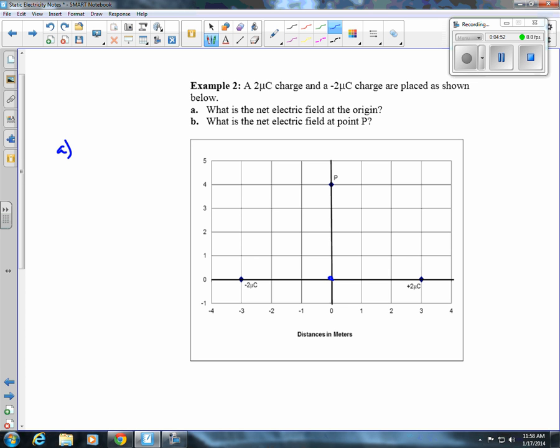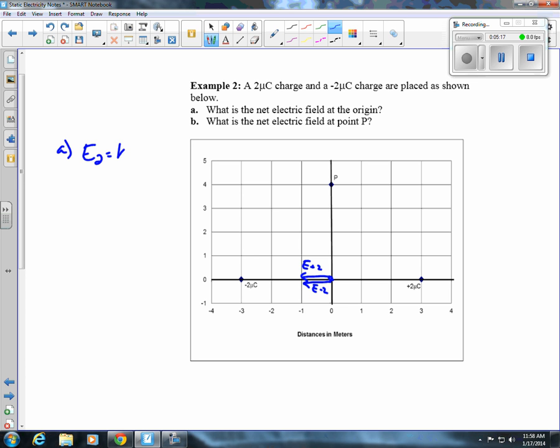I have a +2 over here. I imagine myself at the origin. Electric field's pointing which way for positives? Away from positives. So I'm going to write E with a plus 2 for that one. Now, for the negative 2, I imagine myself at the origin, electric fields point towards negative charges. So it's going to be this way. So this is going to be E for the negative 2. So it turns out they're both going in the same direction.